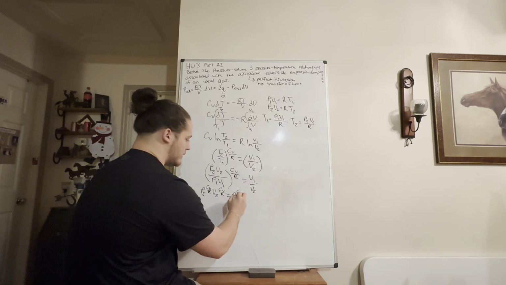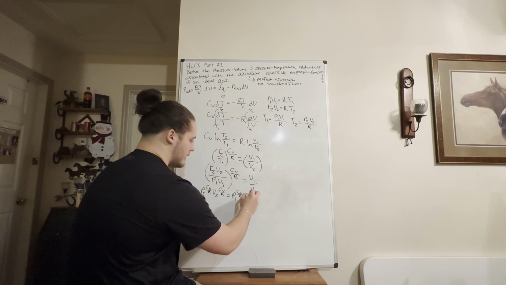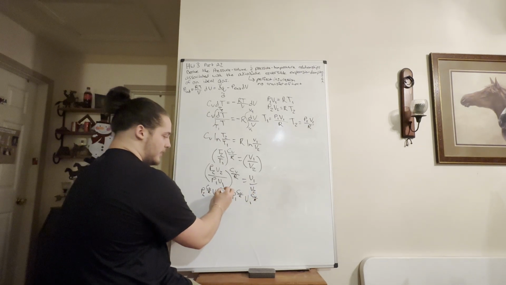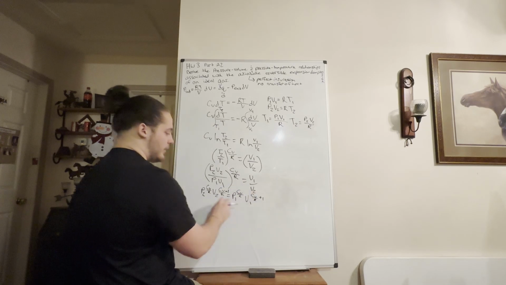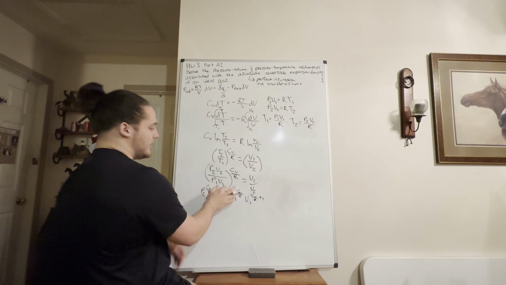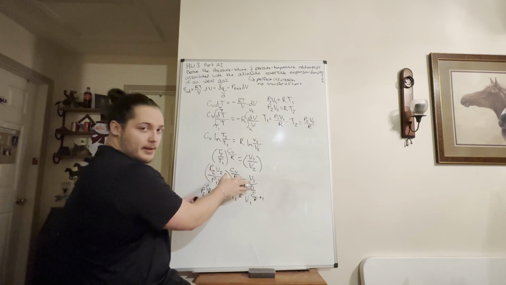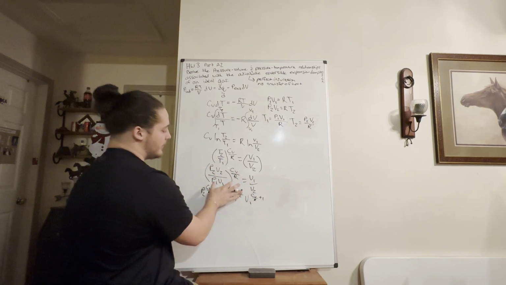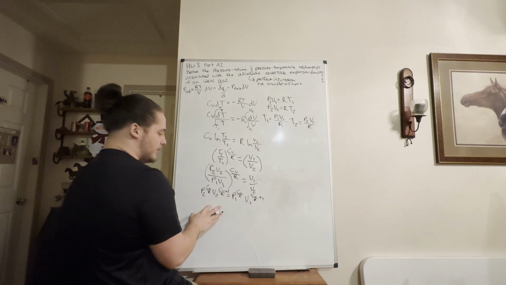CV over R times V1 times our specific volume over R. And we are going to actually have a +1 in our exponent for our volumes, since when we multiply across, we are adding another power of the same volume, so we add that +1.